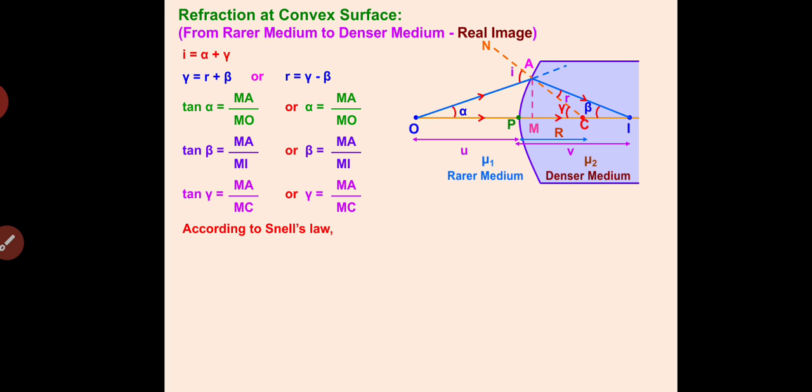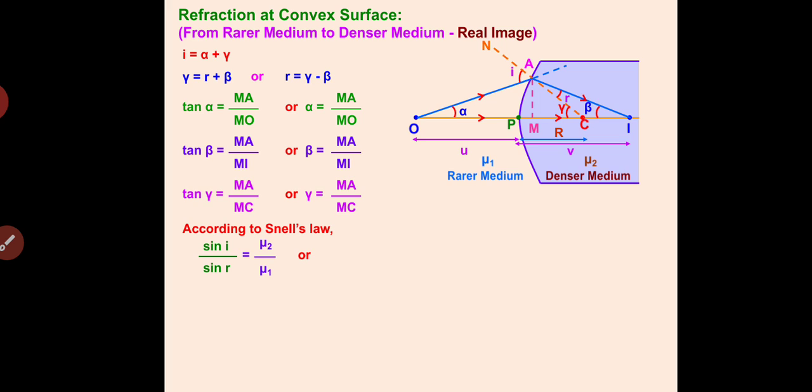Now, according to Snell's law, sin I upon sin R equals the refractive index of the second medium with respect to the first medium, which is the relative refractive index. Sin I upon sin R can be written as mu2 upon mu1, where mu2 and mu1 are the absolute refractive indices.